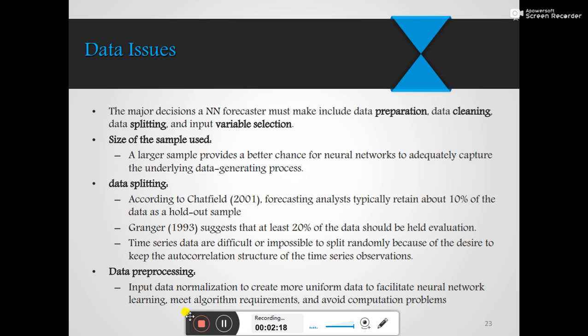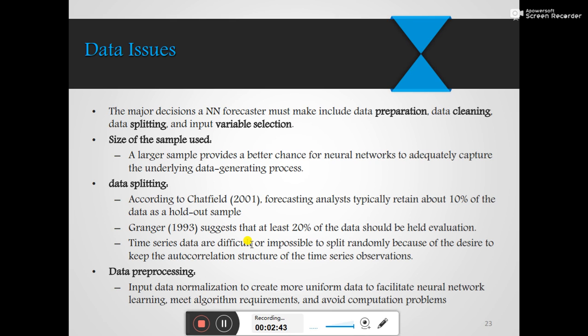Also, in case of data splitting, according to Sutphill, forecasting analysts typically retain about 10% of the data as a holdout sample. Granger suggests that at least 20% of data should be held for evaluation. So it is very important what part of data you will take for evaluation or testing.